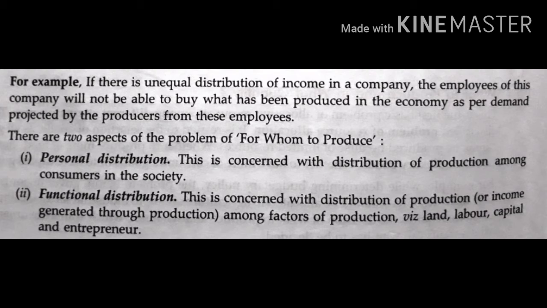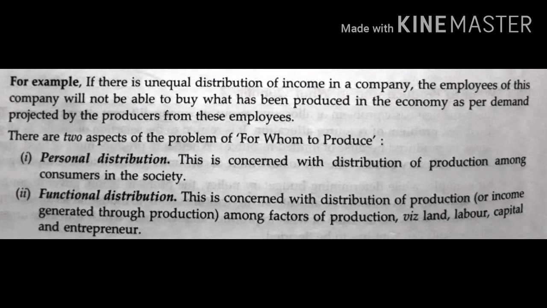On the other hand, the second conclusion is this, that which is called functional distribution. This is concerned with the distribution of production. Distribution of production here means income generated through production among various factors of production: land, labor, capital, and entrepreneur.